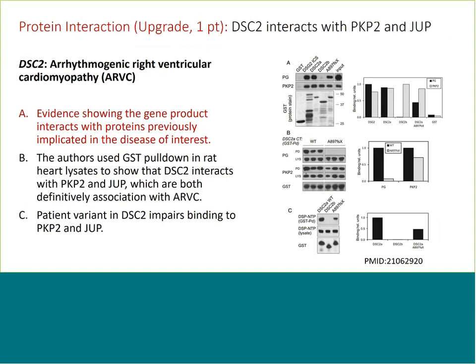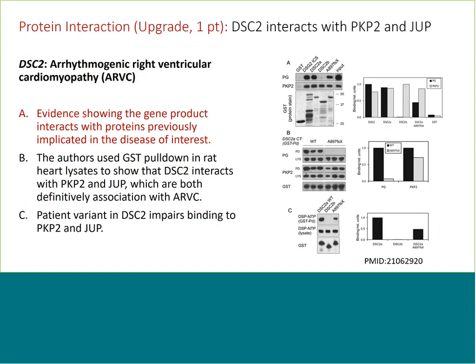Yep. So this is an example for DSC2 and arrhythmogenic right ventricular cardiomyopathy. This paper used GST pull down in rat heart lysates to show that DSC2 interacts with PKP2 and JUP, and both of these have been shown to have a definitive association with ARVC. And I don't have this on here, but it has been repeated in other publications too, so it's pretty convincing evidence.